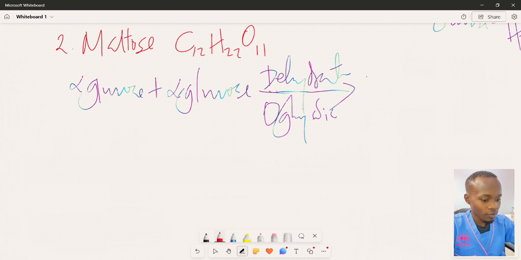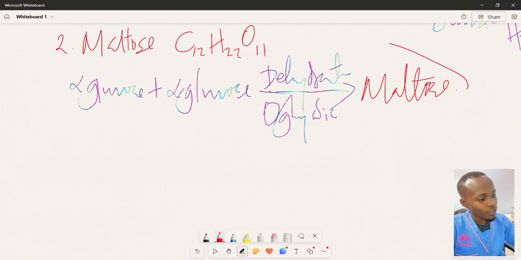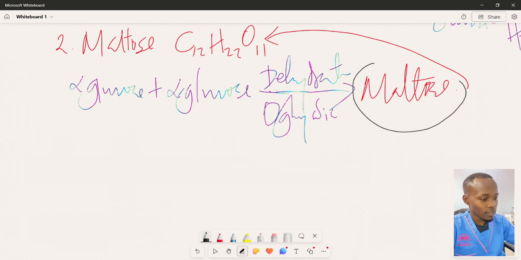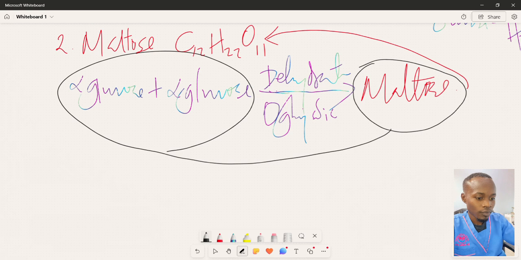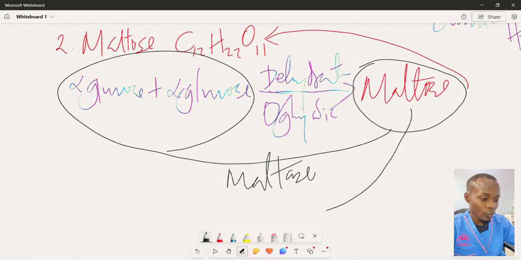We are talking about maltose now. We're going to have maltose, which the formula is here. And when you want to break down maltose back to these two, you're going to have an enzyme known as maltase, which will hydrolyze this one.